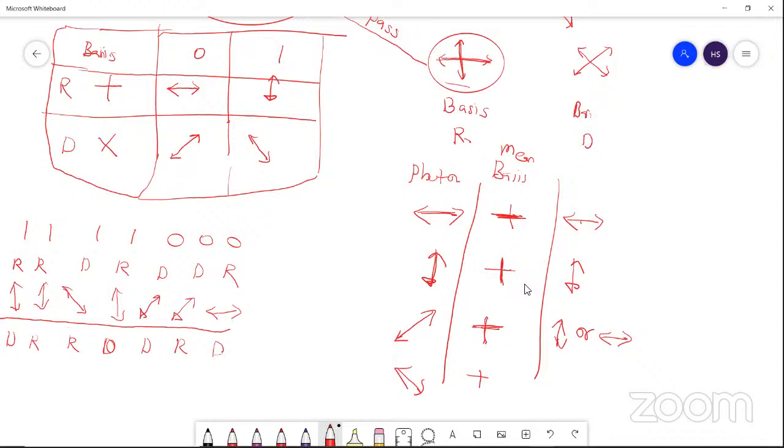So we have a plus 45 polarized photon, and if we pass it through the wrong basis, that is plus basis, then we can get either this or this with 50% probability. If we send this one, the same thing happens. We can get either of these with 50% probability. Random.